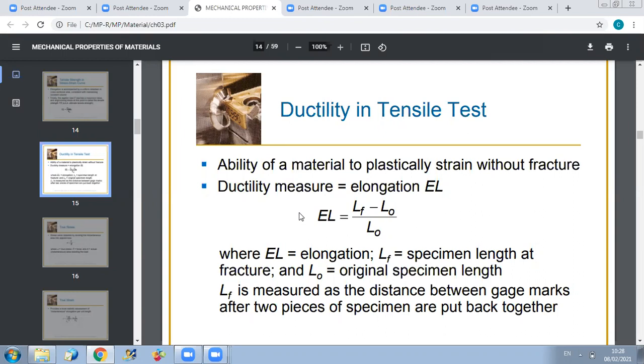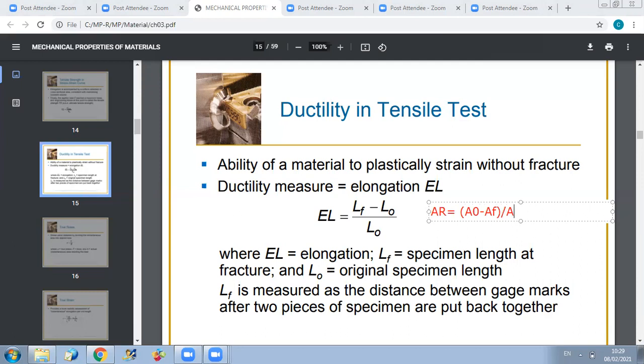Now another property that can also be a measure of ductility in a tensile test is the area reduction. And the area reduction can be defined as follows: area reduction equals, instead of doing the difference in lengths, now we do the difference in areas. But since the area is reduced, we put A0 minus A final, over A0.